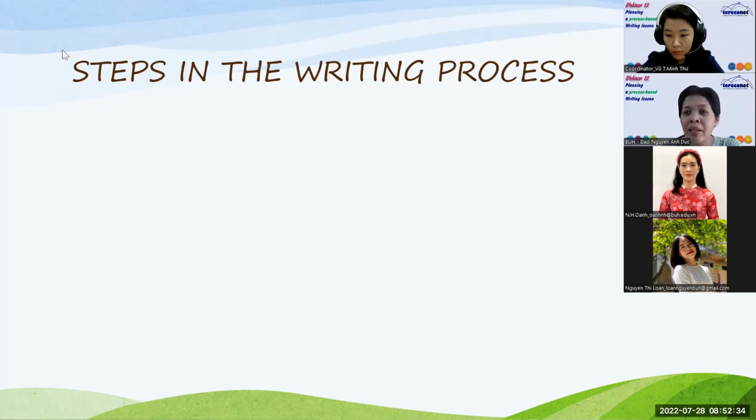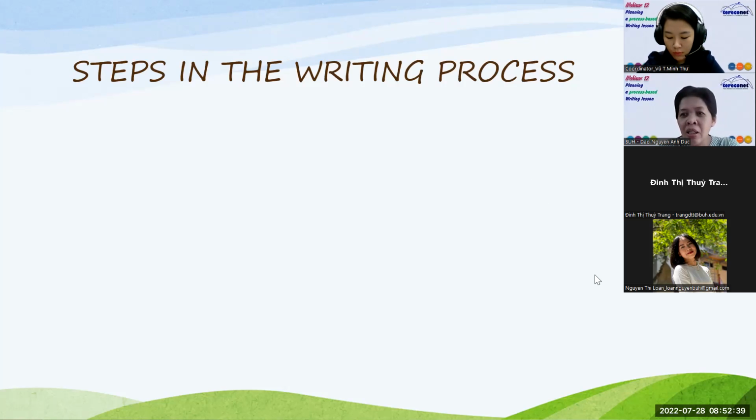Can I add some ideas? Yes, please. So I think the steps for the writing process: the first thing the student needs to know is choosing a topic, and then they gather ideas, like doing some brainstorming. The next step could be group work or pair work. They decide which idea they are going to use and where to use it in a certain paragraph or essay.